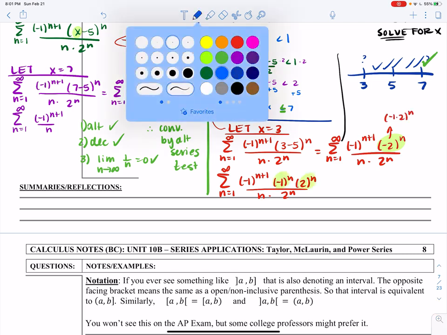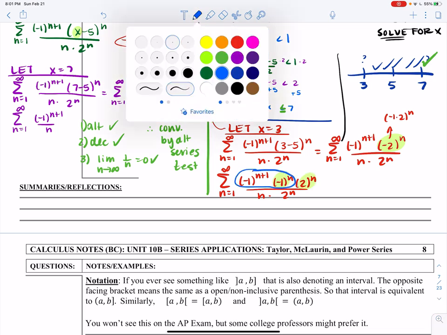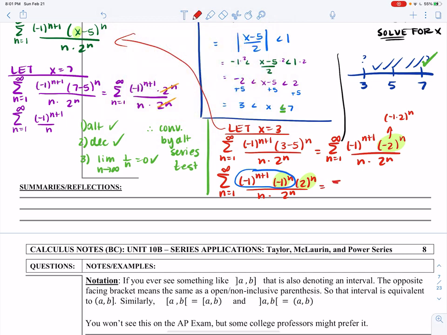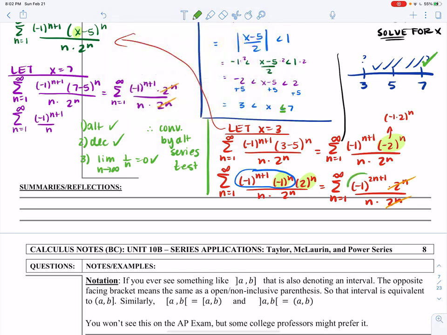Now, what I want you to do is to combine these. If I combine those, I get n equals 1 to infinity, negative 1 to the power n plus n, which is 2n plus 1, 2 to the n over n times 2 to the n. Just like we did before, get rid of your 2 to the n's. And so now, what is going on with this negative 1 to the 2n plus 1? Guys, that's always negative.